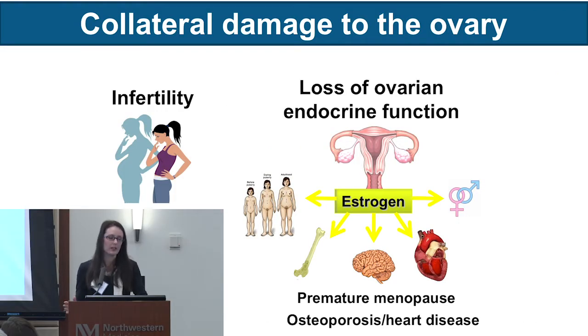That's because many of these treatments can cause collateral damage to the ovaries, and in particular, depletion of the follicular reserves. If this depletion is severe enough, it can lead to infertility, but it can also lead to loss of ovarian endocrine function, and in particular, loss of estrogen production. This can have multi-systemic effects, including putting these patients at early increased risk of things like osteoporosis and heart disease.